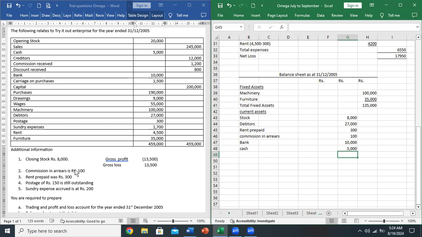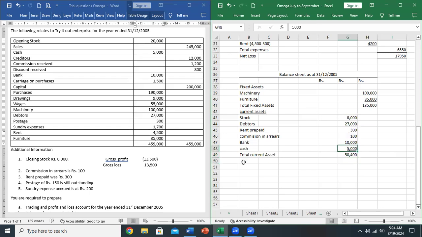Then you click on your cash and bank. So let's get the total current assets. Okay, so the total current asset is 50,400.